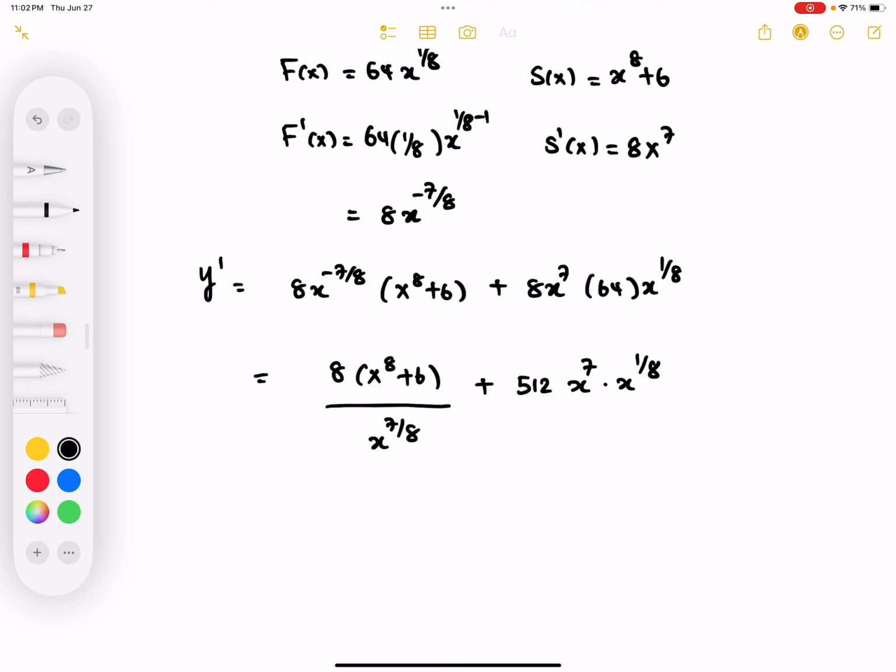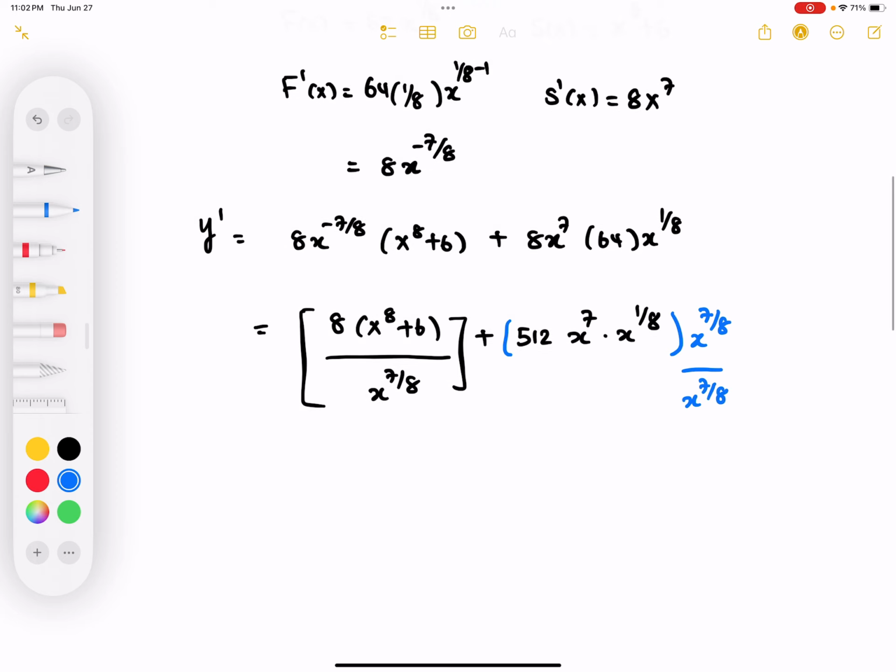If you look at the first one and the second one, in order to make the same denominator, mathematically, I have to multiply this one by x^(7/8) divided by x^(7/8), so that I can write using a common denominator, which is x^(7/8).